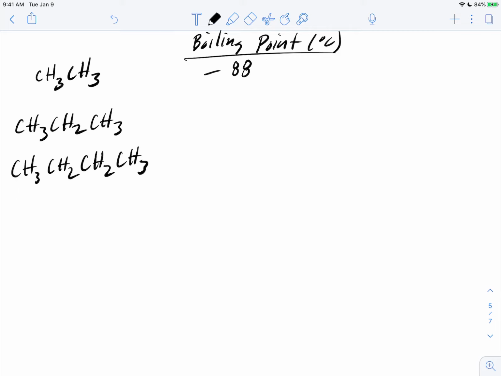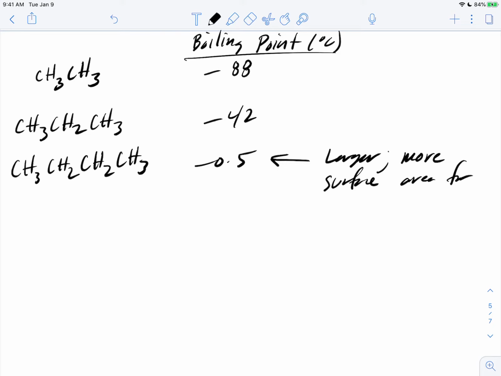And then it goes up, to a smaller negative value, negative 42, and then negative 0.5. So there are 2 reasons. This is larger, but also we're getting big enough to have more surface area for LDFs. And we'll show that in a sec.